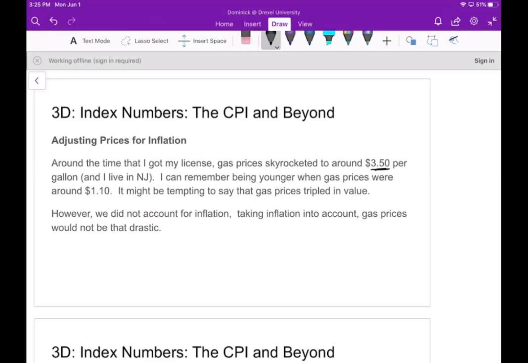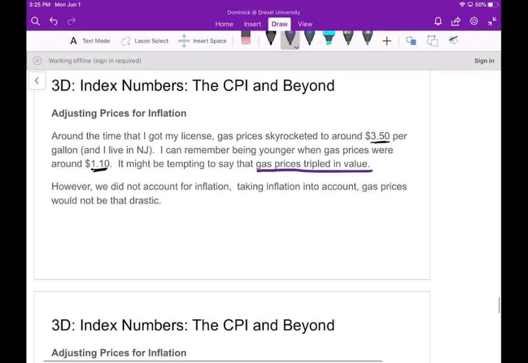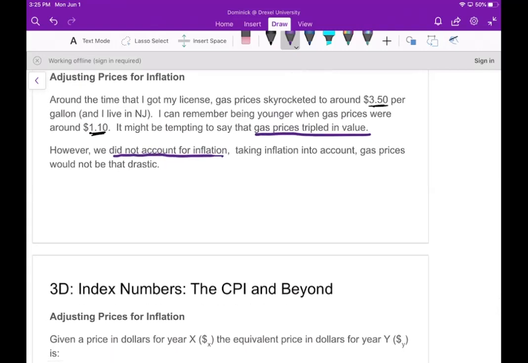Now, I can remember when I was younger, gas prices were around $1.10. So you might be tempted to say gas prices have tripled, since 1.10 times 3 is 3.30, and it's even more than that. But what we didn't account for was inflation. If you take inflation into account, the price increases are probably still quicker than inflation because the demand for oil has gone up.